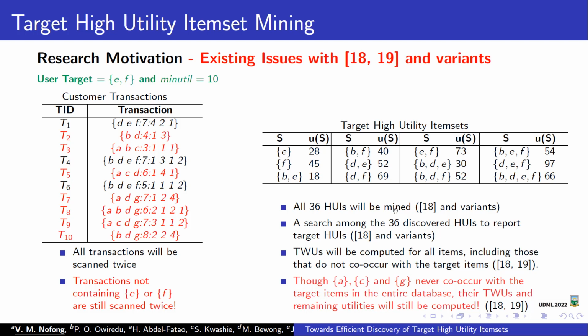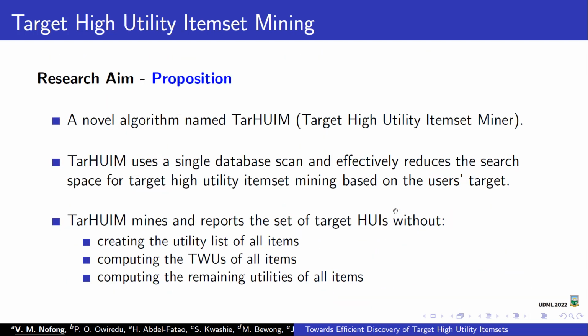For example, the items A, C, and G never co-occur with the user targets in the entire database, but their transaction-weighted utilities and their remaining utilities will still be computed during the discovery process.